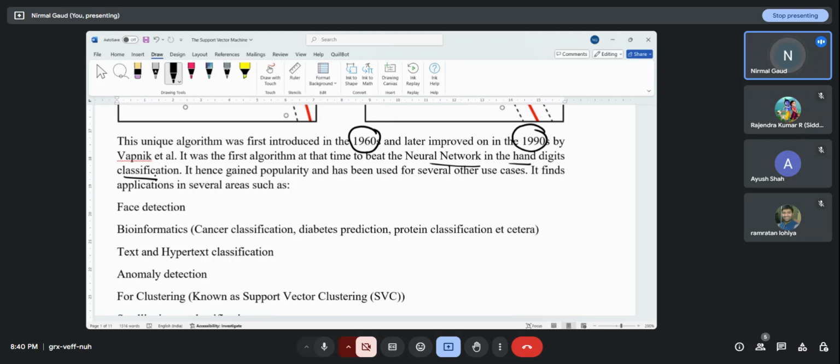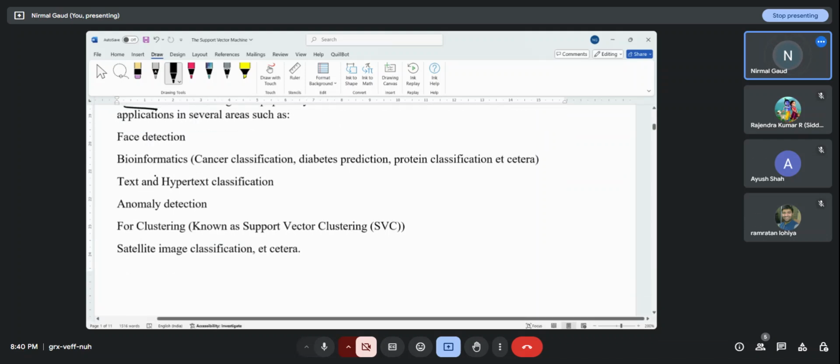There are many other applications of support vector machine, such as face detection, bioinformatics, text and hypertext classification, anomaly detection, clustering, like support vector clustering (SVC).